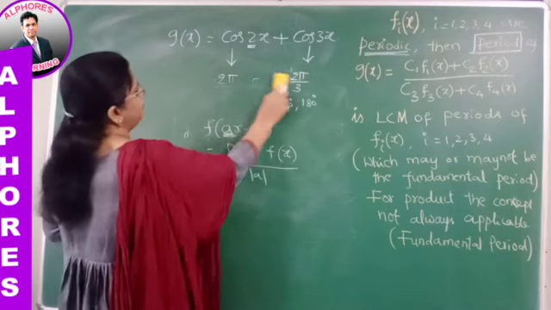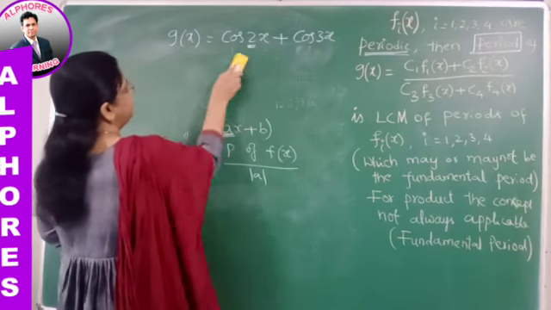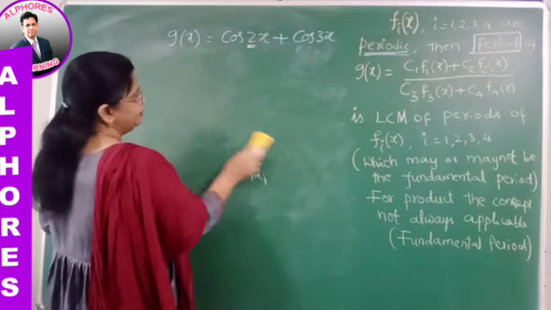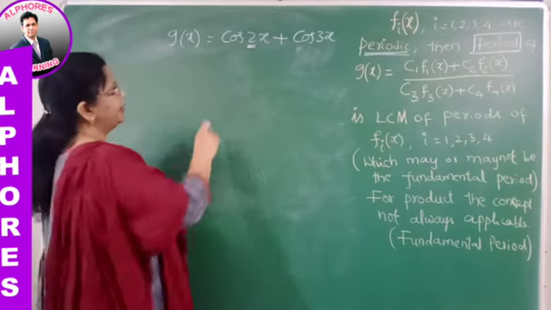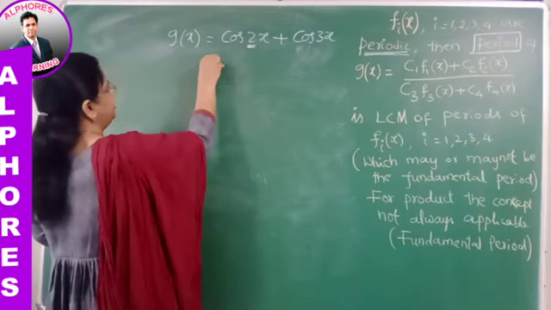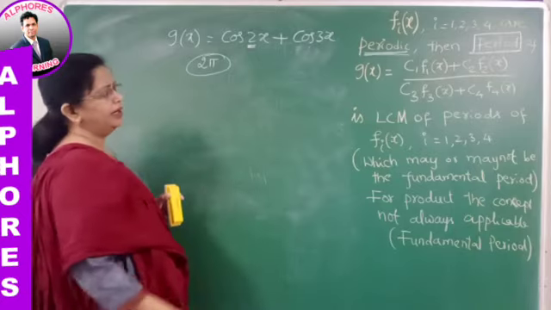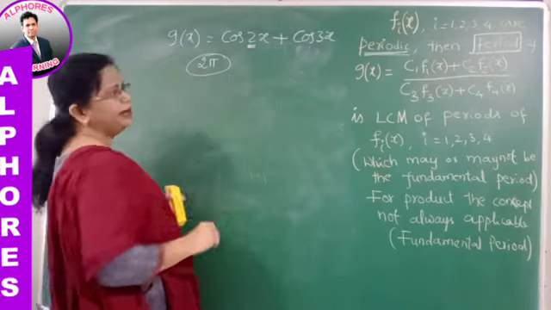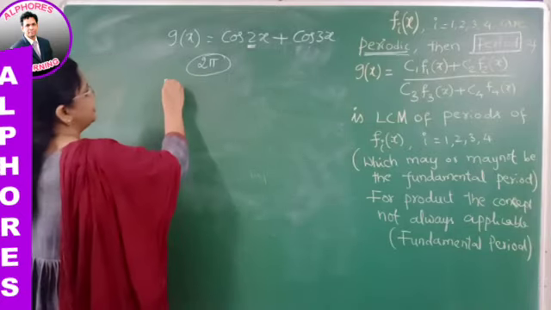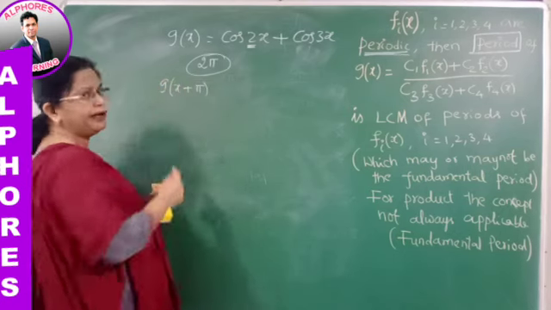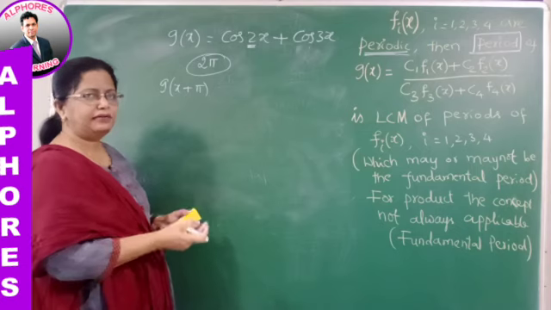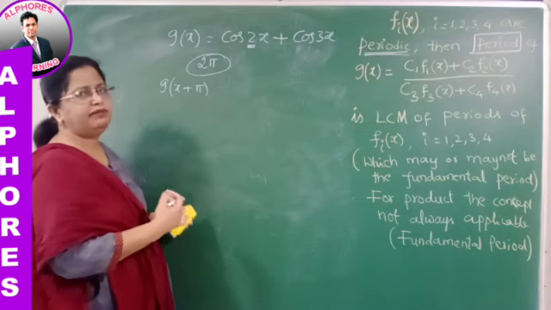If you want to check, maybe it is pi, or it may be 3 pi by 2 or any other value, it won't hold good. You can check. And if you want to check whether pi holds good or not, if I write g of x plus pi instead of 2 pi, for the fundamental period we are checking the lesser possible values.